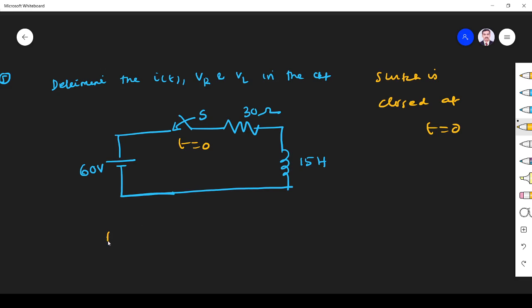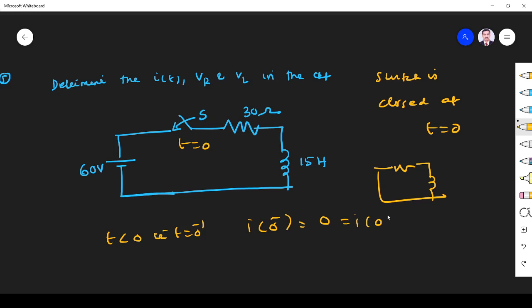When t is less than 0, that is t equal to 0 minus, I of 0 minus is equal to 0, because the circuit will be simply R and L. There is no source, and the inductor will not allow a sudden change of current. So I0 minus equals I0 plus, which is equal to I0.